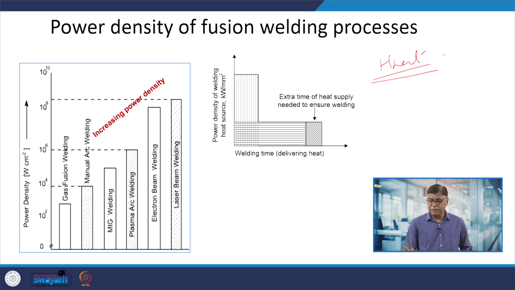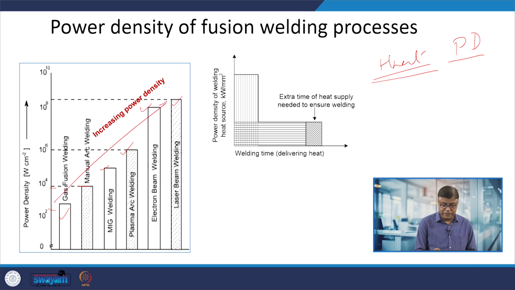I was saying, how to reduce the heat input? To reduce the heat input, the best way is to use high power density processes. So, the different welding processes have different power densities: gas welding around 100 to 1000, okay, manual arc welding process around 10,000 watt per centimeter square. Then for MIG, it is like say 10 to the power 5, for plasma 10 to the power 6, for the electron beam say 10 to the power 8, or more than 10 to the power 8 for laser welding.